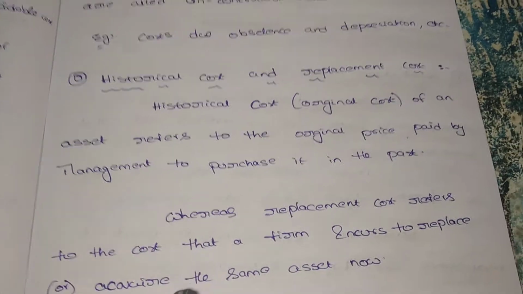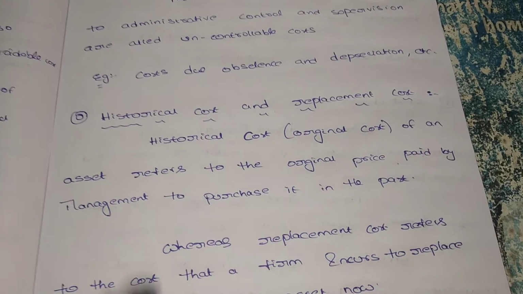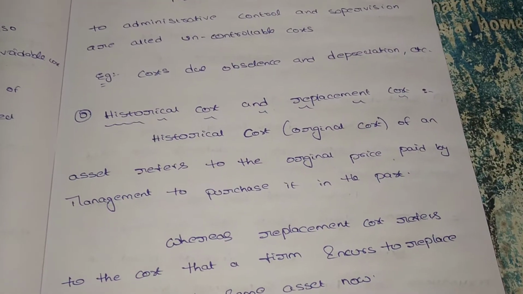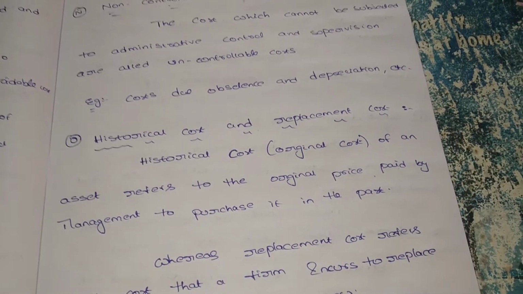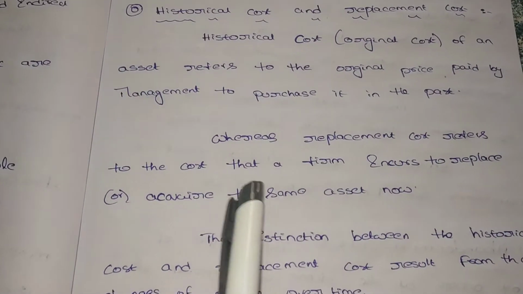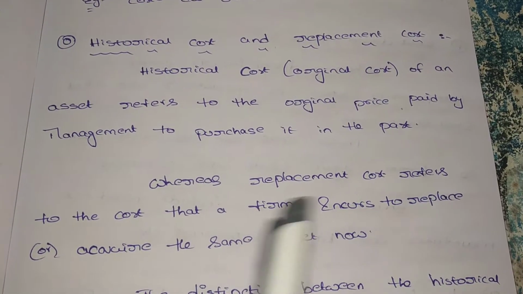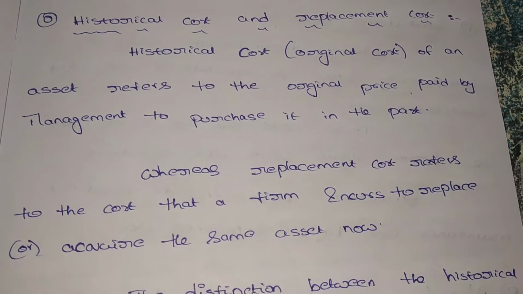I hope you understand. Historical cost means the money we pay at the time of purchase of the asset, not compared to now. In the past we purchased an asset, so how much cost we had to pay, it is the historical cost. Next, what is replacement cost? Replacement cost refers to the cost that a firm incurs to replace or acquire the same asset now.